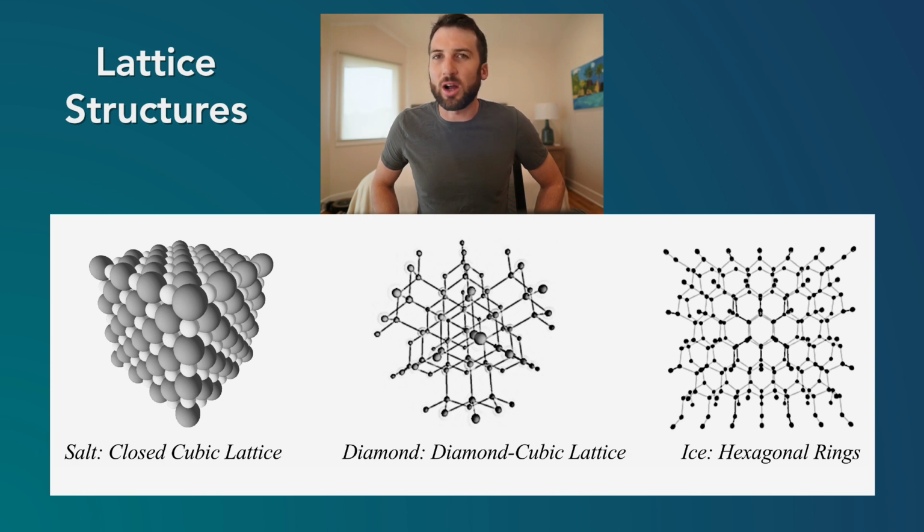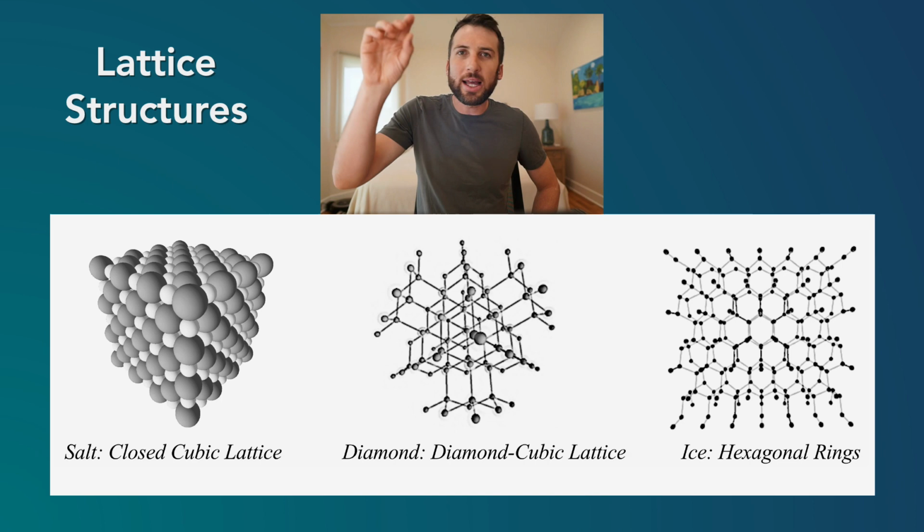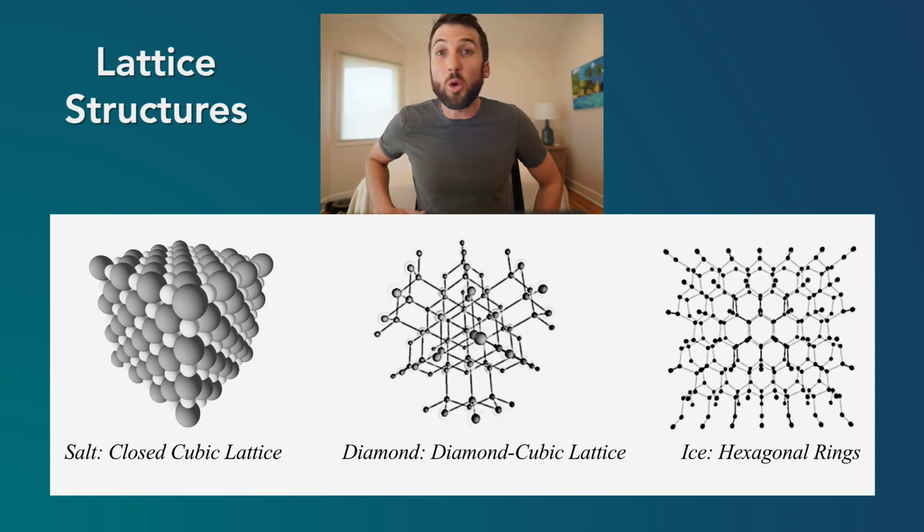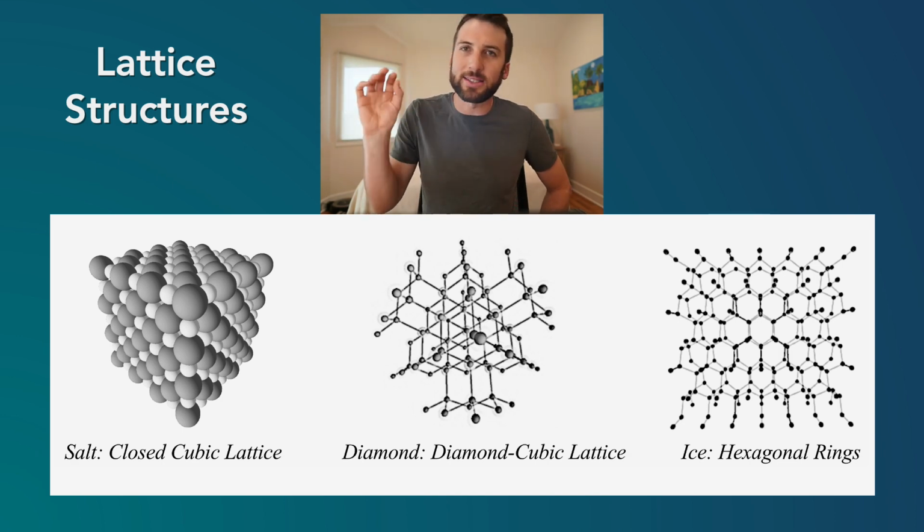Diamond is a very, very strong crystal made with carbon atoms. And this is an interesting type of lattice. It's called a diamond cubic lattice. Essentially, each vertex has a tetrahedron, so 4 other carbon atoms coming out. And these bonds are extremely strong due to the geometry of the carbon, the amount of electrons it has. We talked about how a star tetrahedron can fit inside of a cube.